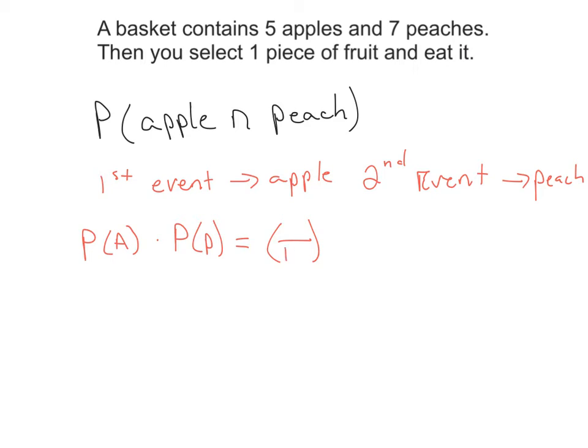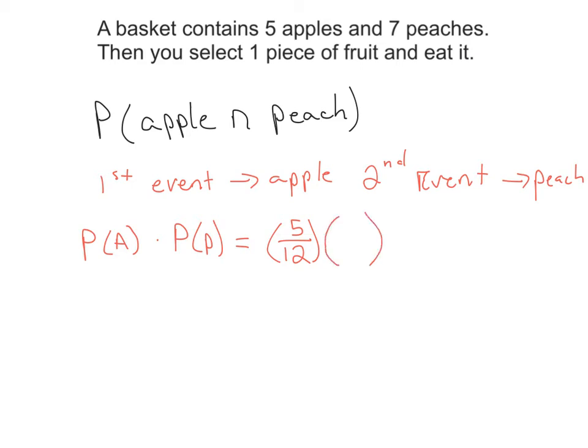We have 12 total pieces, and 5 of them are apples. Now, please take this into consideration. After I take the fruit, I am eating it, so I am not putting it back into the basket. So because of that, this is a dependent event.